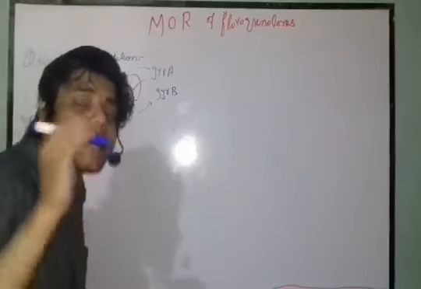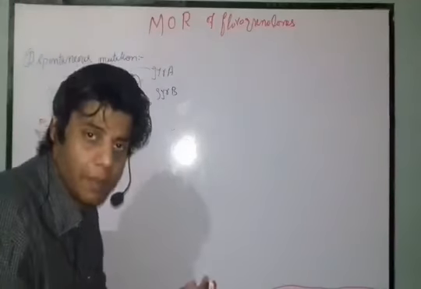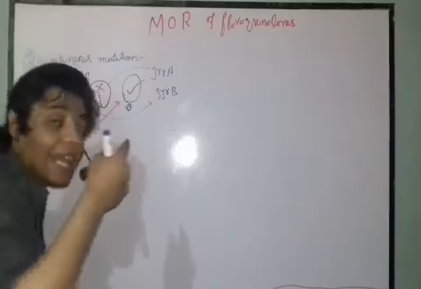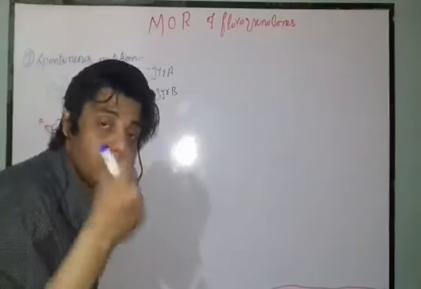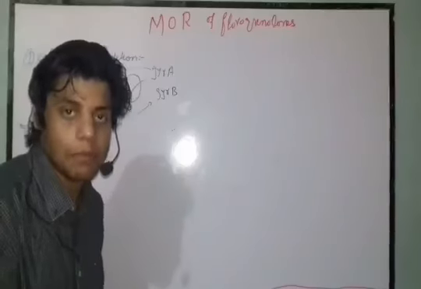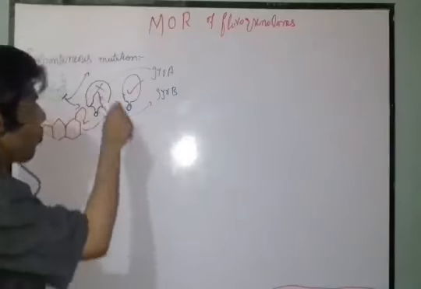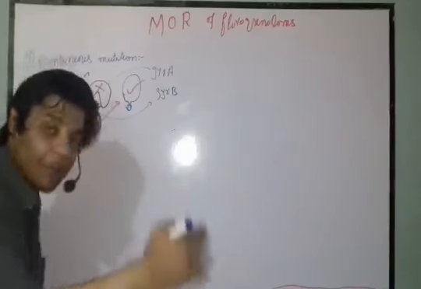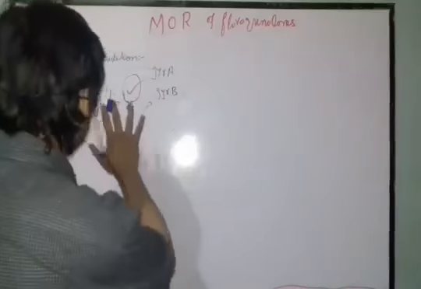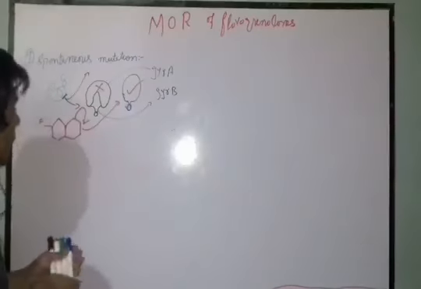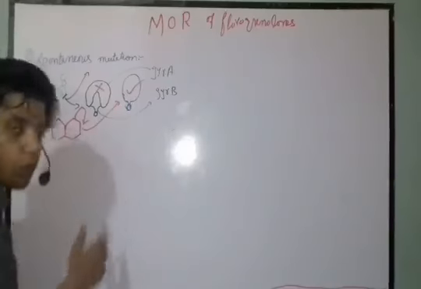I also told you that the cleavage function is performed by endonuclease enzyme whenever the DNA is replicated, and the ligation is performed by DNA ligase enzyme. But in this case, topoisomerase will perform both functions. They perform joining as well as cleavage, to release the tension in a DNA. So this is the first resistance which is activated against this fluoroquinolone.